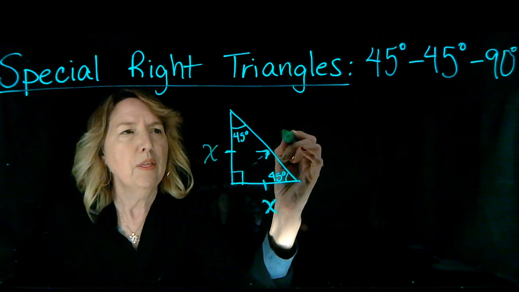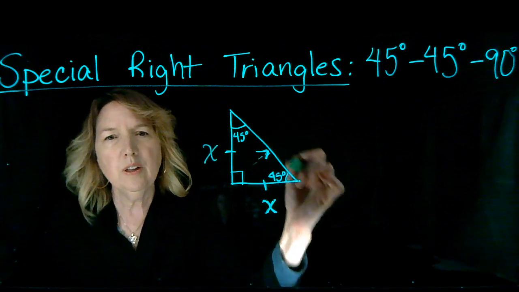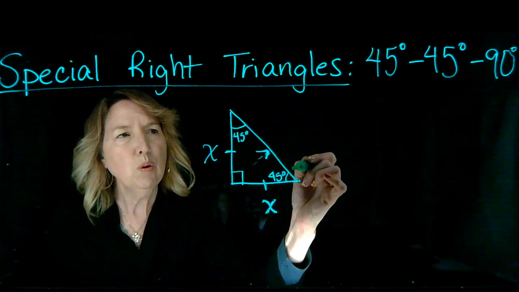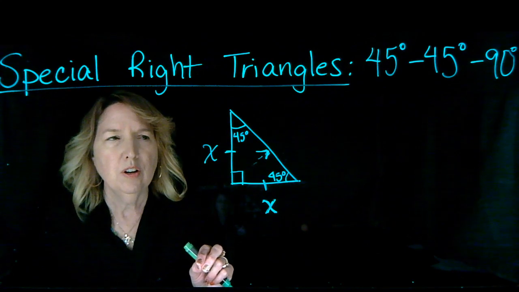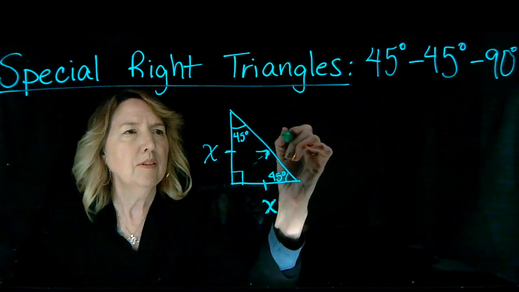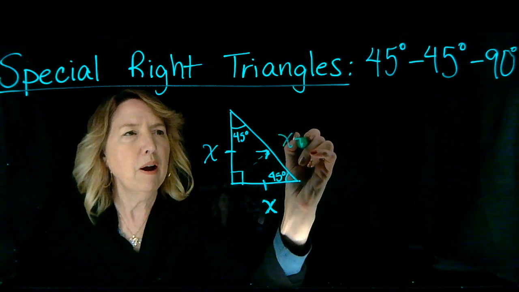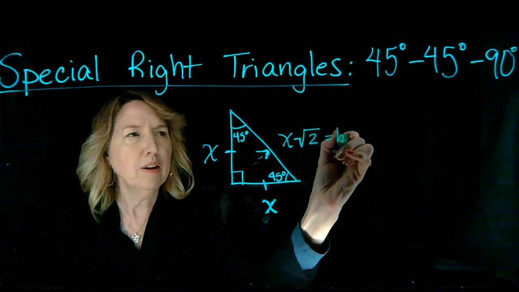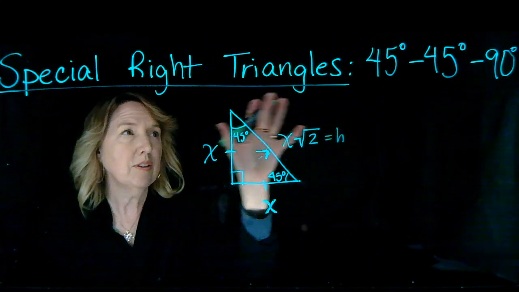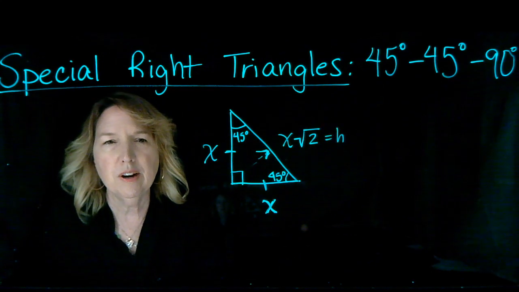And furthermore, this one is clearly longer. Well, it turns out it's exactly radical 2 times longer. So whatever this is, you multiply it by radical 2, and that is the length of the hypotenuse for this kind of special right triangle.